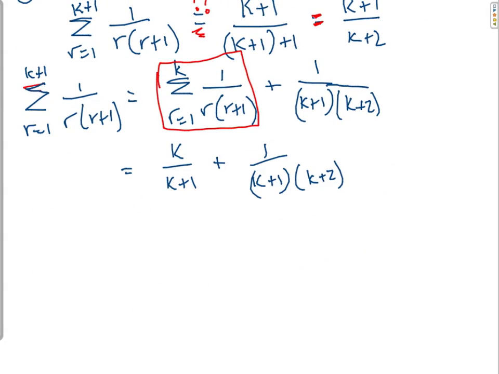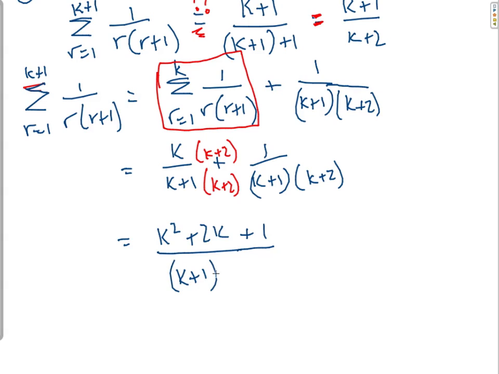I'm going to get myself a common denominator by making this k plus 2 over k plus 2. And so it is k squared plus 2k plus 1. We'll add it together, and my common denominator is k plus 1 and k plus 2.